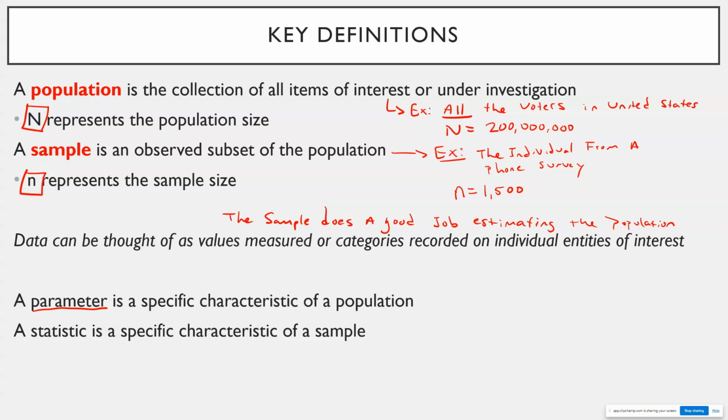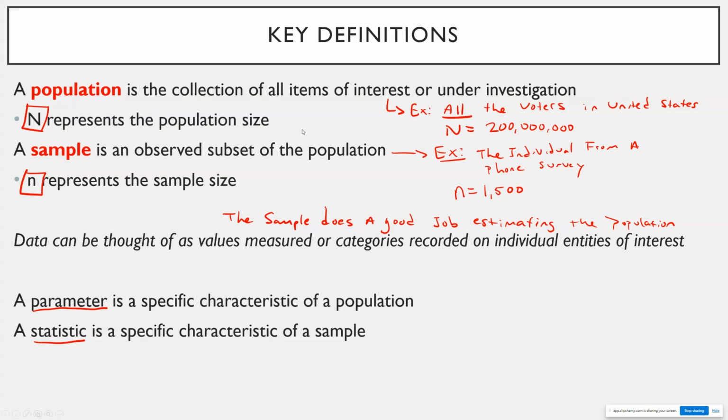A statistic is a specific characteristic of a sample. We called these 1,500 people. What percentage of those are going to vote? Whatever that percentage comes back to be, that would be a statistic. So parameters come from a population and statistics come from a sample.